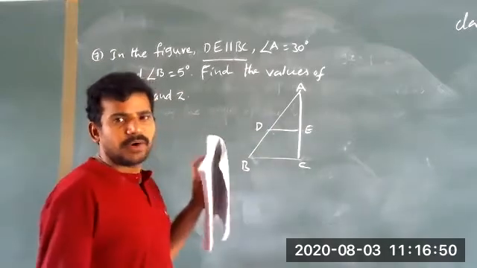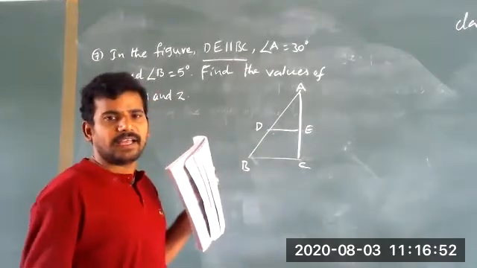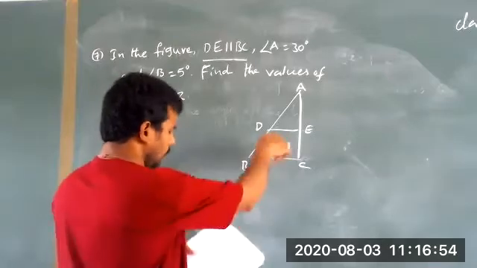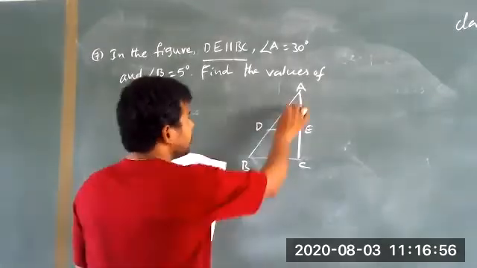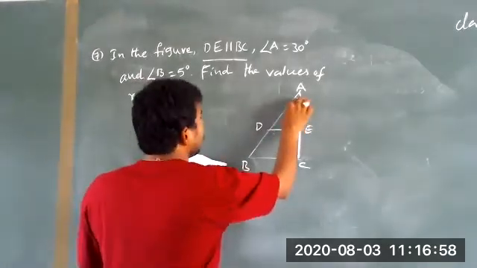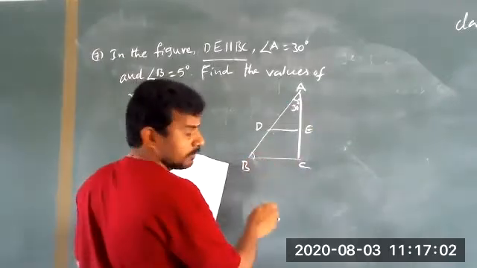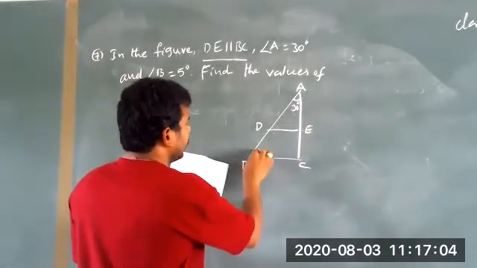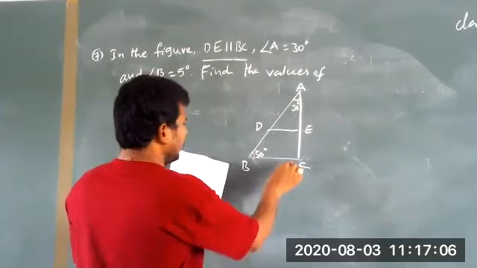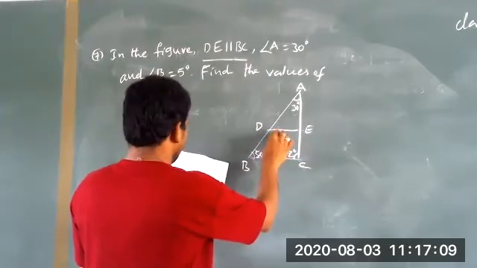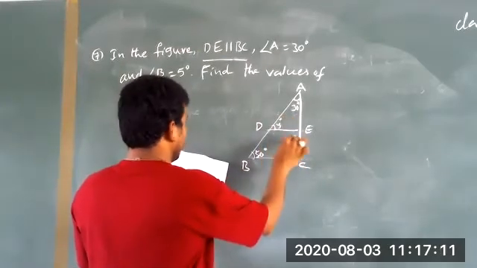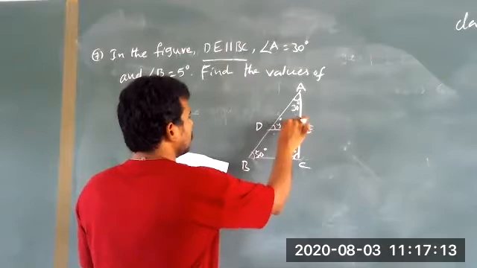Parallel means they do not intersect at any point. So these both are intersecting. This angle, 30 degrees, is given. This angle is 50 degrees. This angle is Z degrees. This angle is Y degrees. This angle is X degrees.